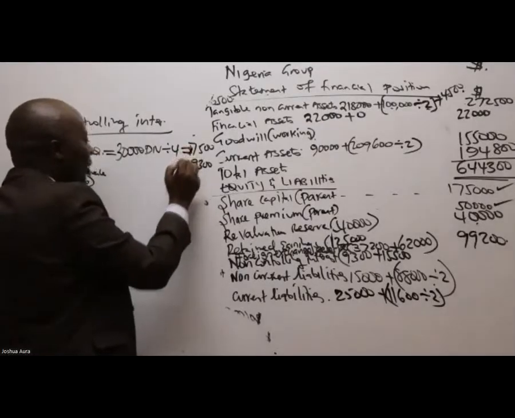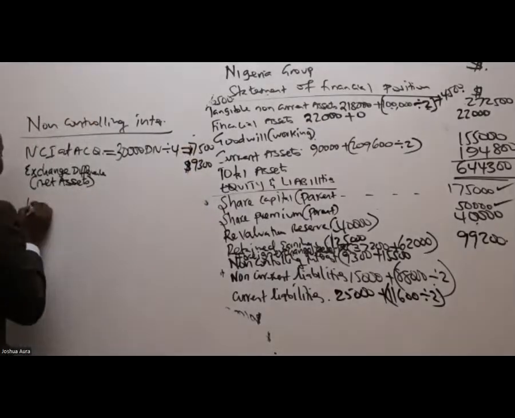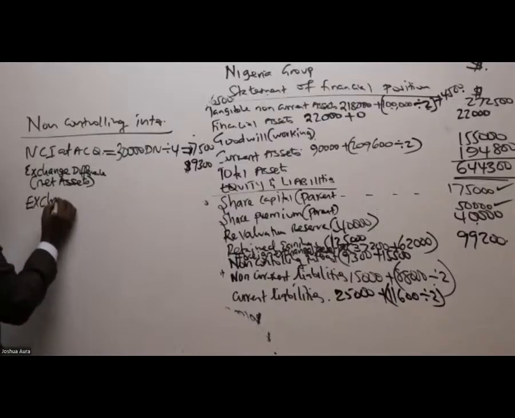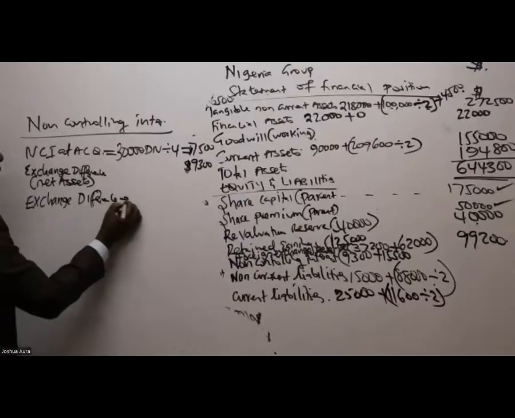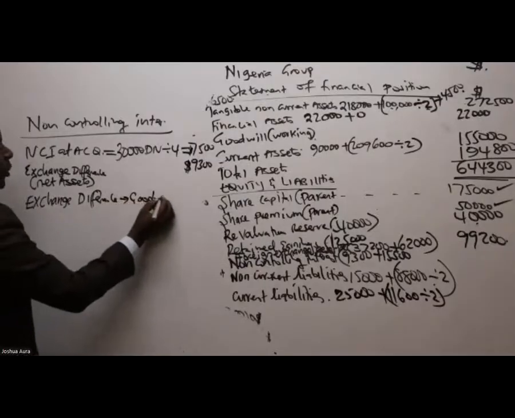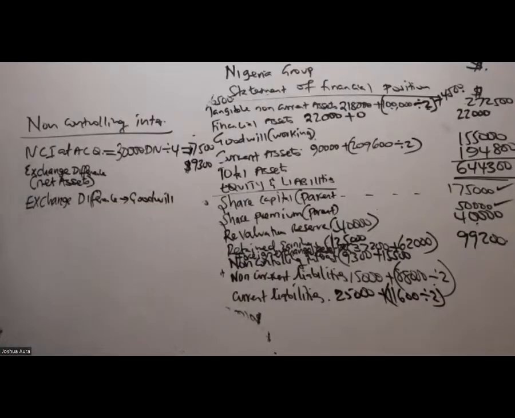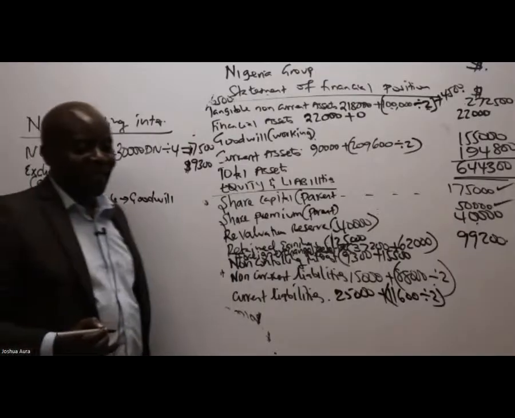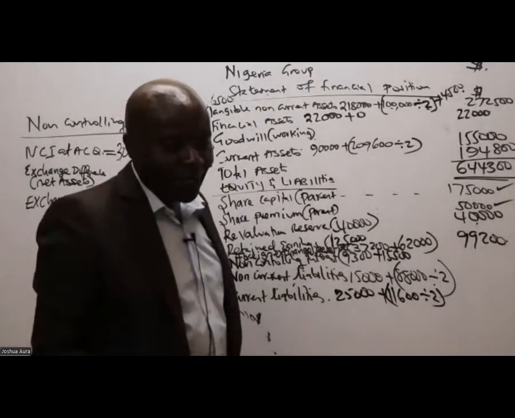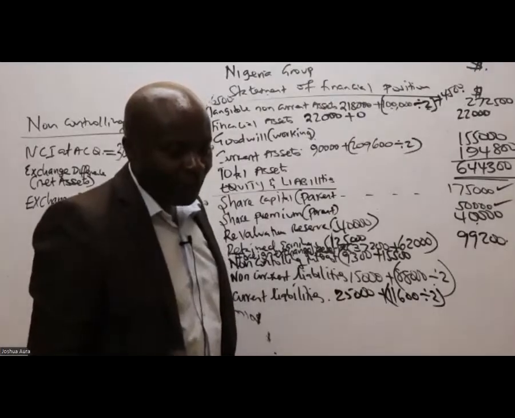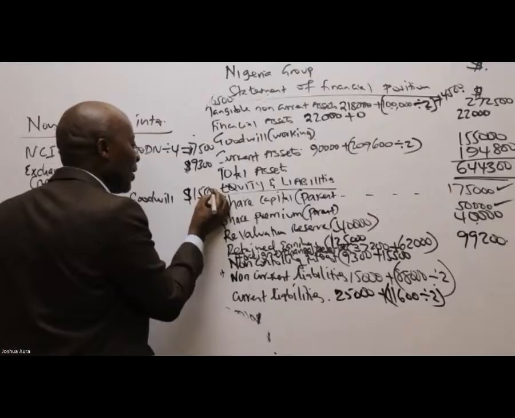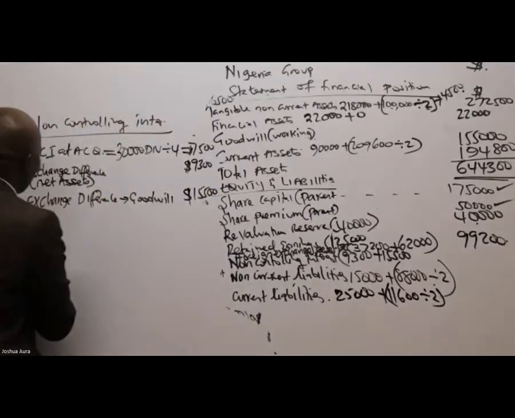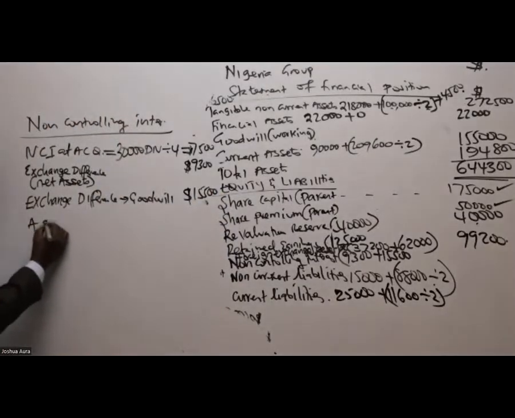We also gave them something from exchange difference of goodwill. Is there somebody who is able to remember? 15,500. We gave them something, and already this is translated, 15,500. Also, these guys must always get a share of PARP.